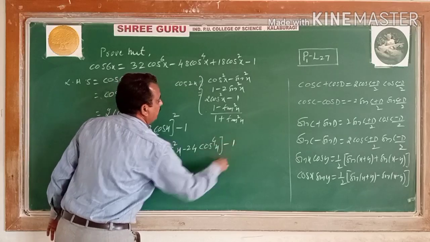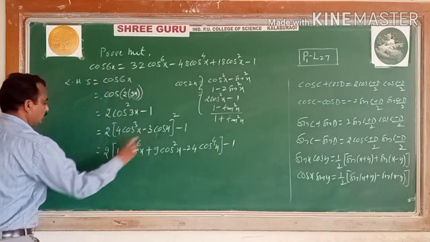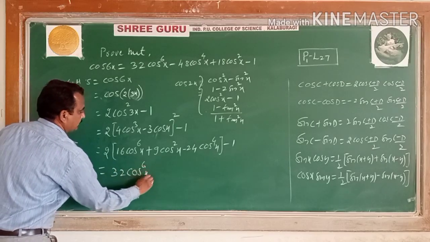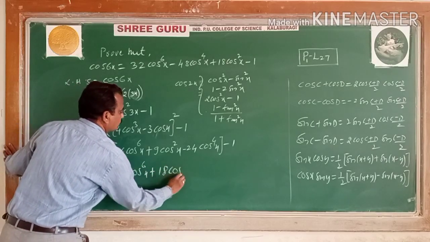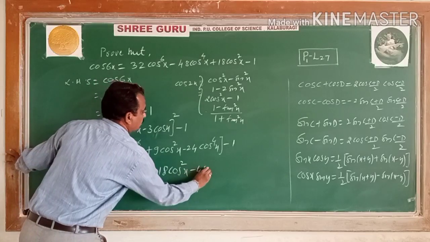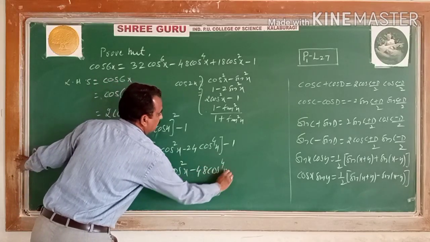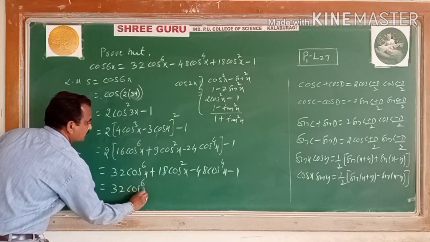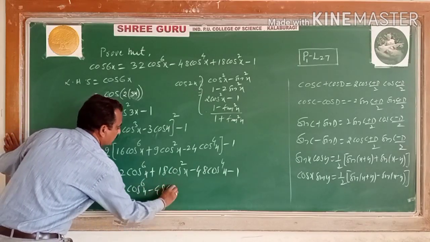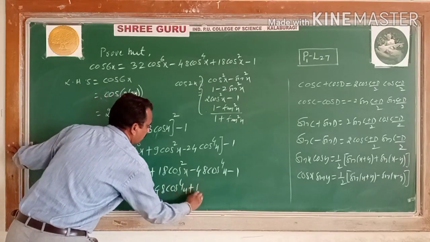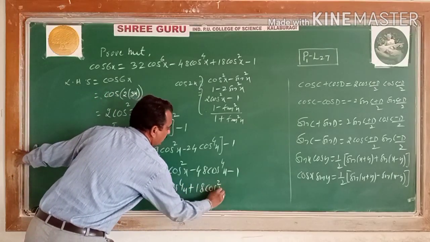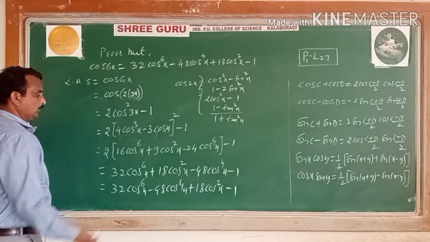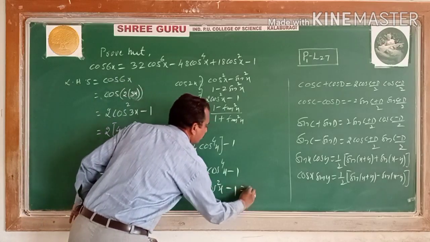Close the bracket, minus 1 as it is, take 2 inside the bracket, you will get the result: 32 cos 6x plus 18 cos square x minus 48 cos 4x minus 1. You write according to the order, highest degree: 32 cos 6x minus 48 cos 4x plus 18 cos square x minus 1. So this is your RHS, students.